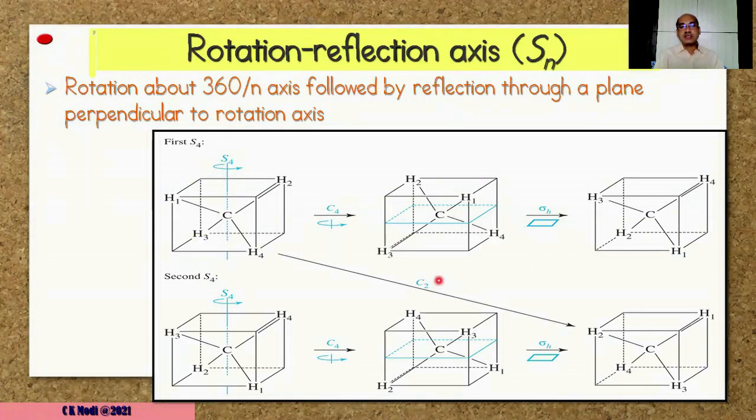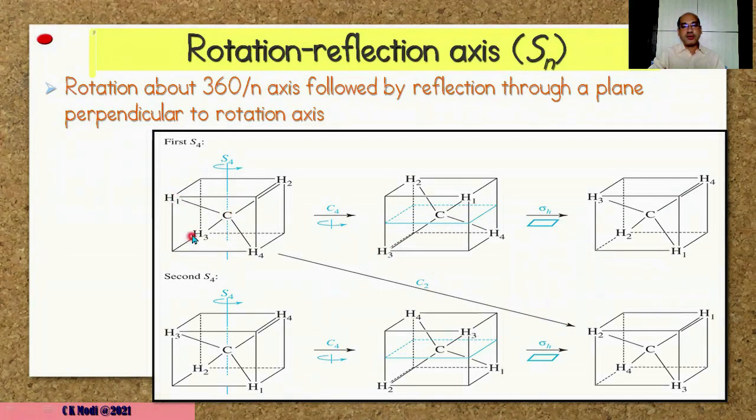So there are 5 symmetry elements we have discussed one by one: axis of symmetry, then identity, then center of symmetry, mirror plane, and the last one is called the rotation reflection axis, which is also referred to as improper rotation. Now look at this methane molecule CH4. It has cubic symmetry.